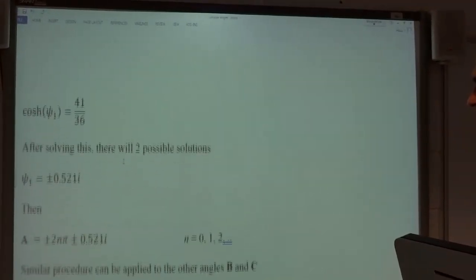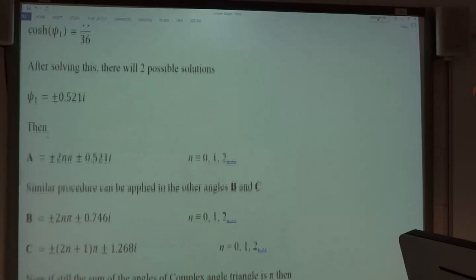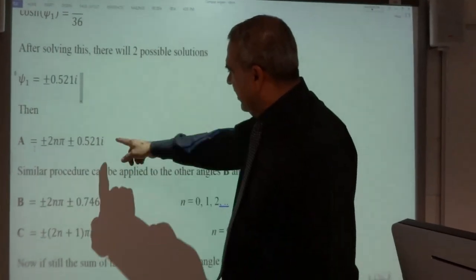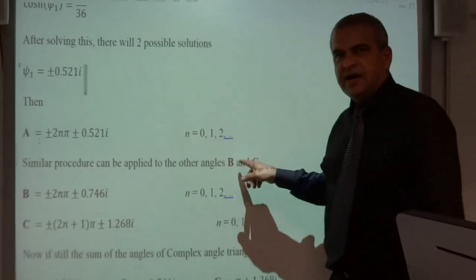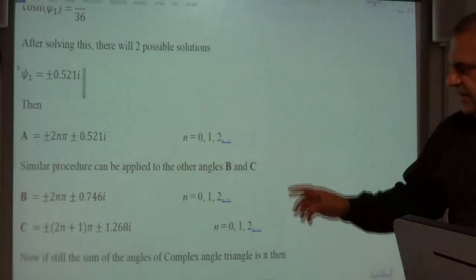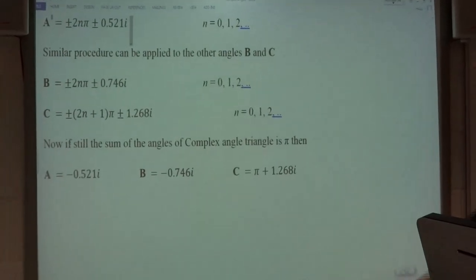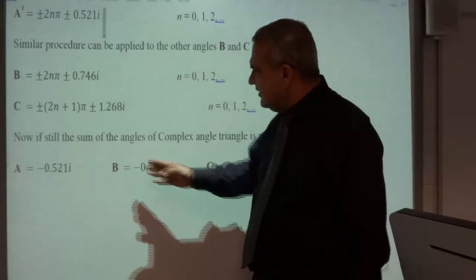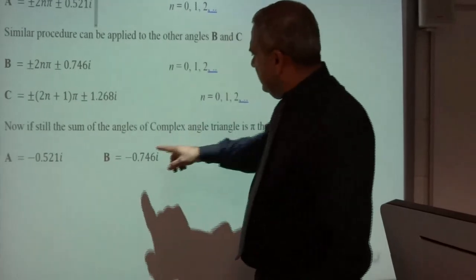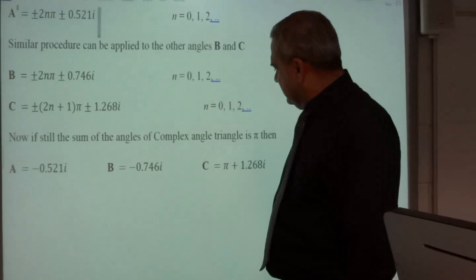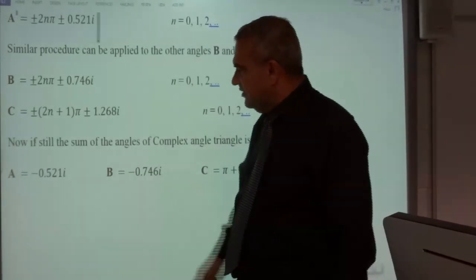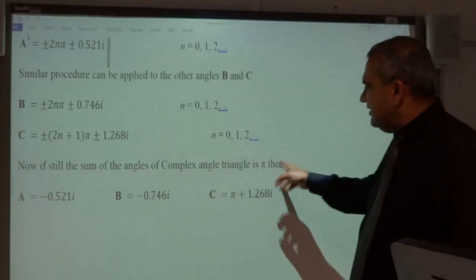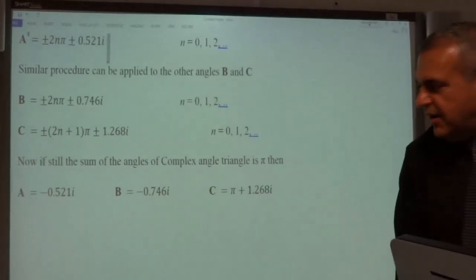Finally, we get solutions in which angle A is equal to 2n pi plus 0.521i, and a similar procedure is applied to find the angle B and the angle C. The interesting point is that if we add these angles, despite the fact that each is complex, we still have not violated the rule that the sum is equal to pi.